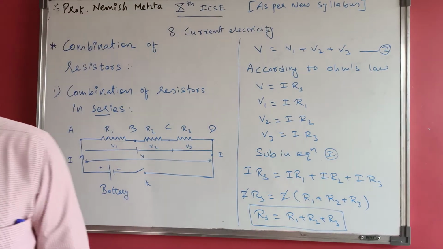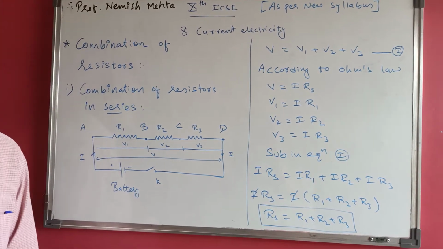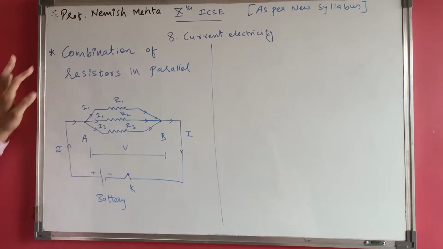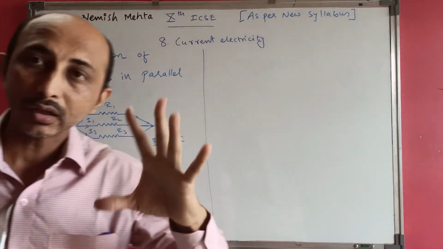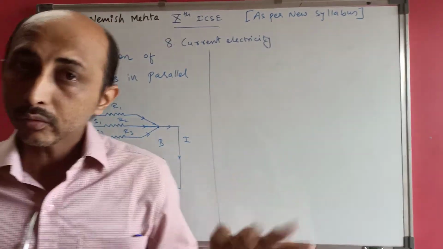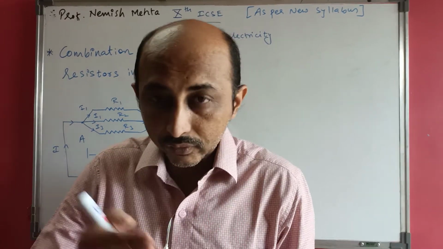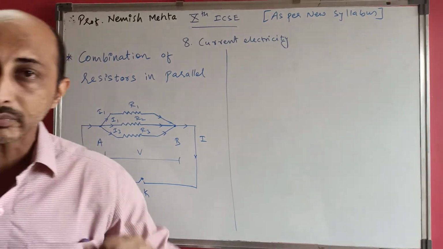Okay. So the next combination is the resistance in parallel. So the next topic is combination of resistors in parallel. Now what do you mean by parallel combination? What do you mean by series combination? When the resistors are connected one after the other, then it is called a series combination.